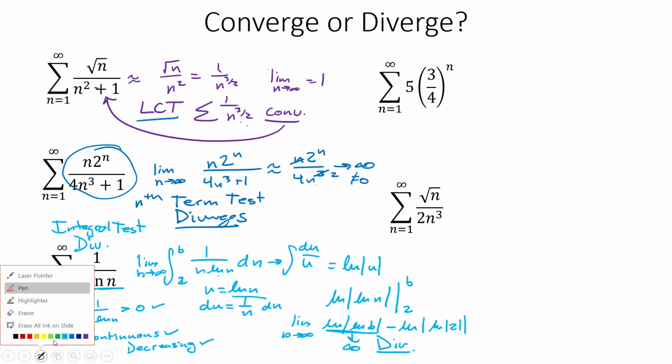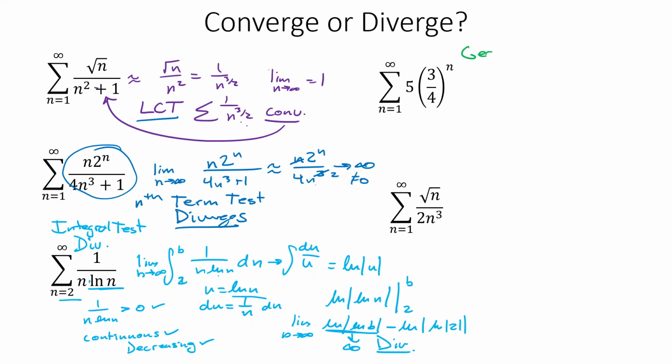This guy, moving right on down the rainbow, green. So this guy is of the form of a geometric series. It's got some number raised to n. So that r is 3/4, which is less than 1, so that tells me that it converges. In fact, if we plugged in 1, we get 5 times 3/4 as our a, our first term, and our r is 3/4.